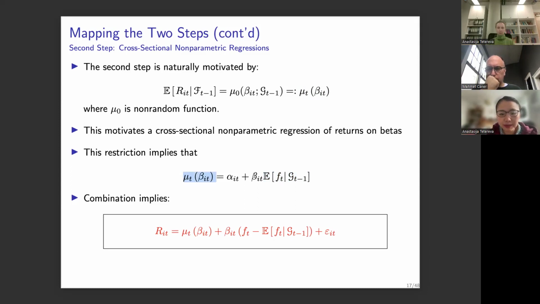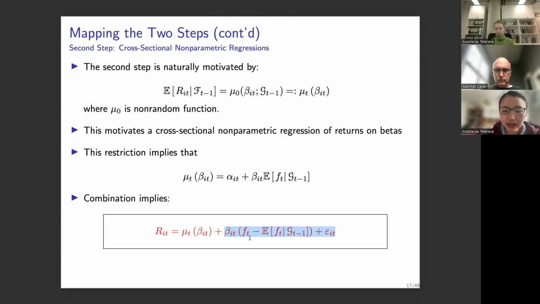Because beta IT is assumed to be measurable with respect to FT minus 1, it is naturally taken out. Once we rewrite the model, we have mu t beta IT as the function we're interested in as a signal. Then we can roughly understand the remaining things as the noise terms in a cross-sectional return.